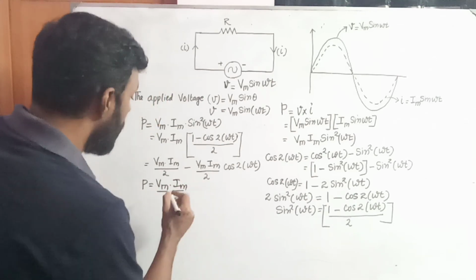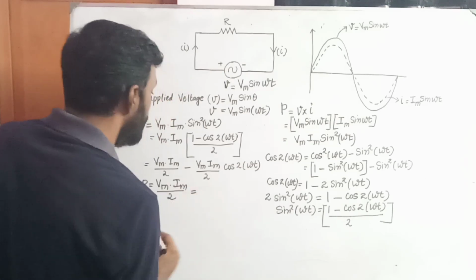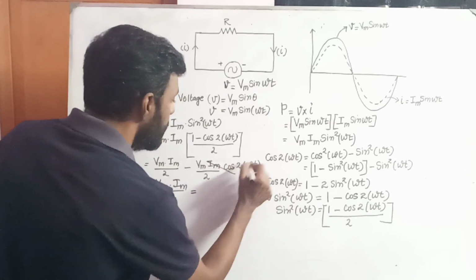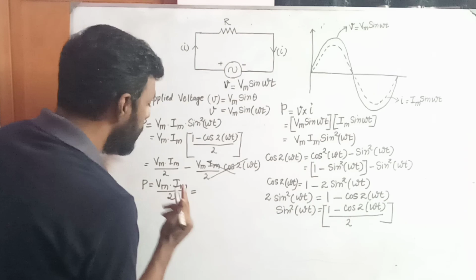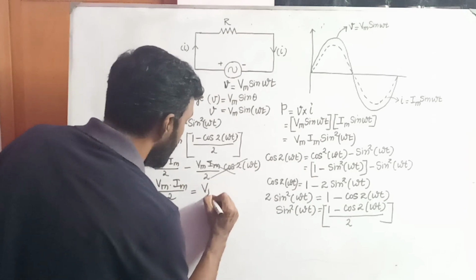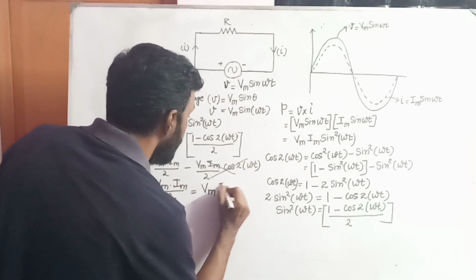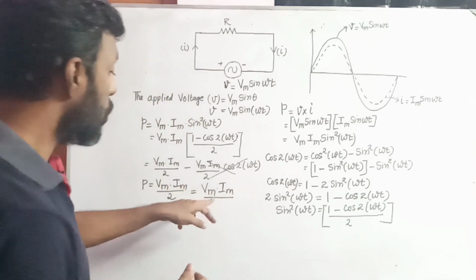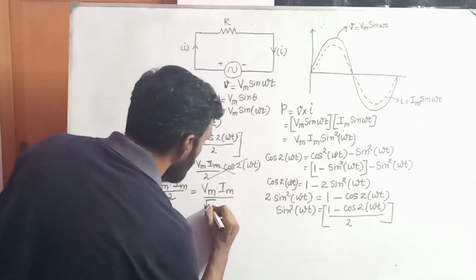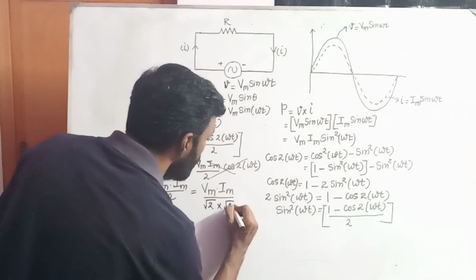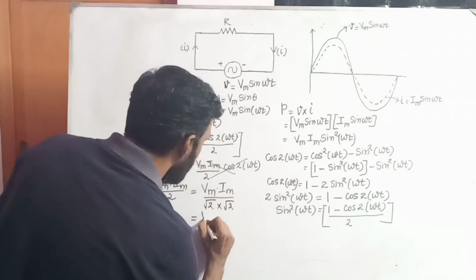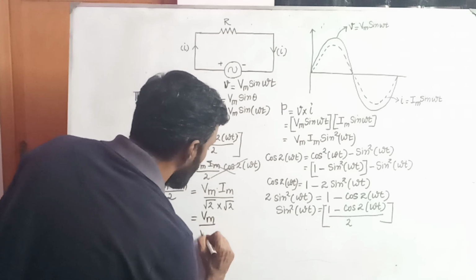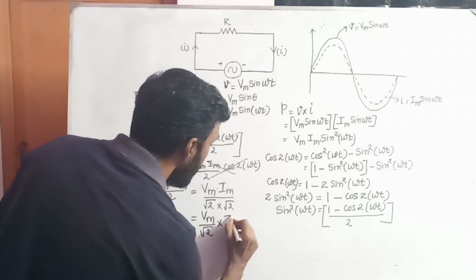I can also write this, since this portion is 0, Vm Im divided by 2 as root 2 into root 2, which is equal to Vm divided by root 2 into Im divided by root 2.